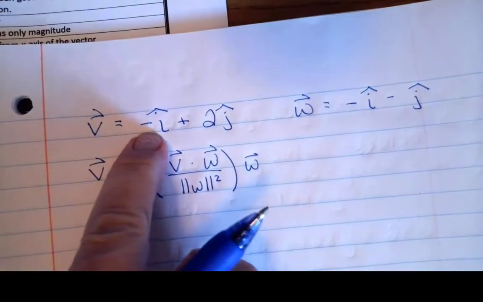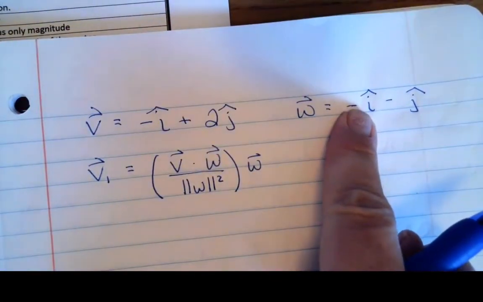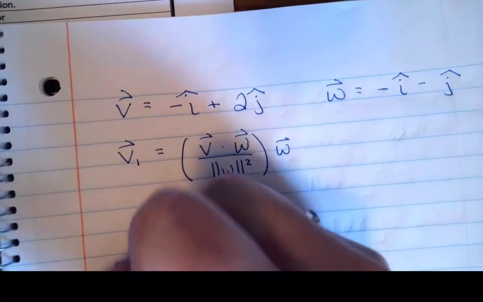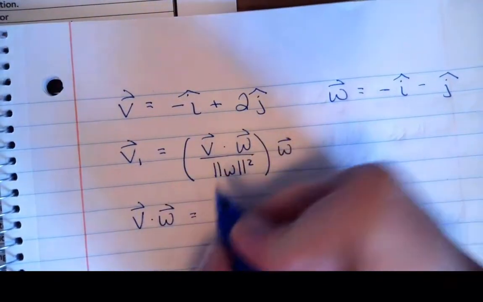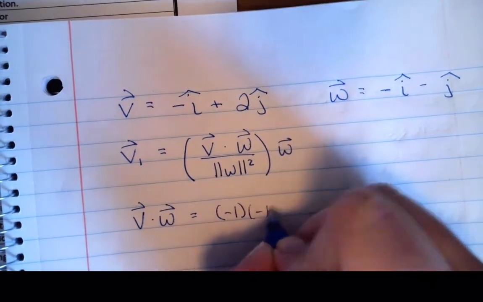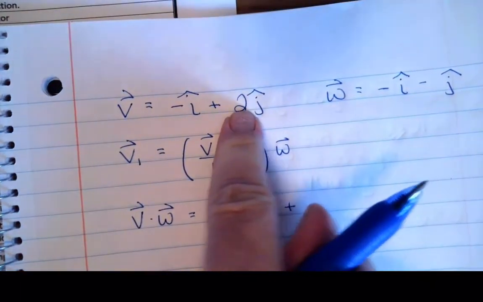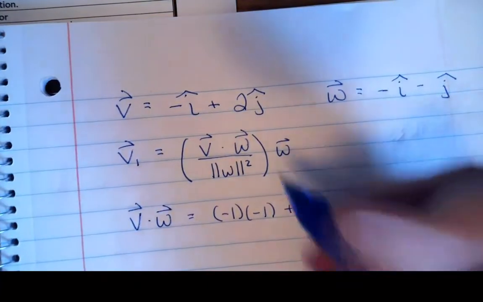Okay, so dot product first. So I've got a negative 1 times a negative 1 is 1. Okay, so the dot product of v and w is going to be negative 1 times negative 1 plus 2 times negative 1.